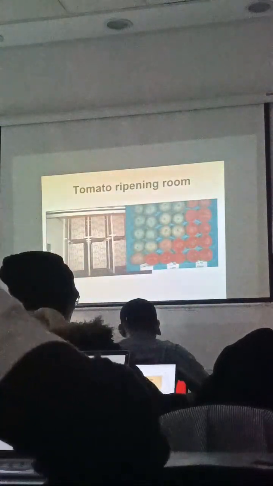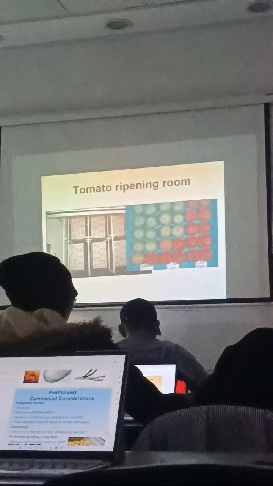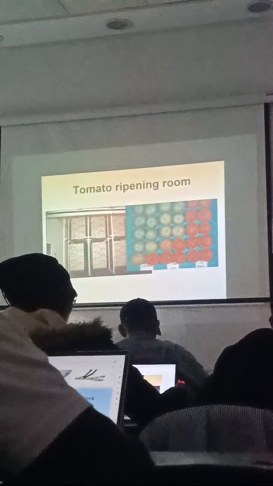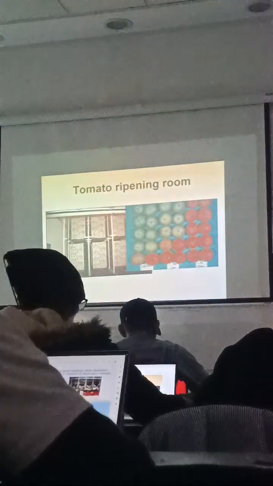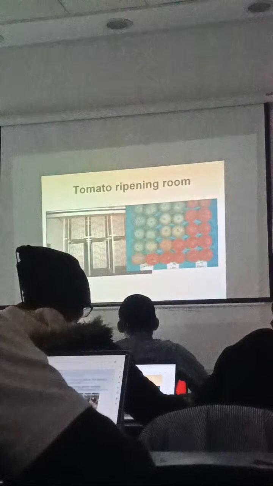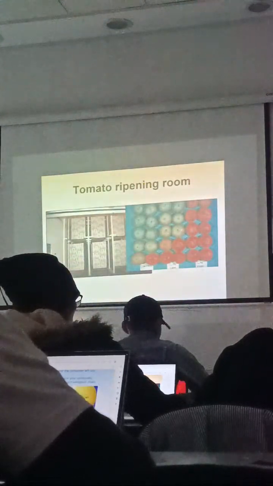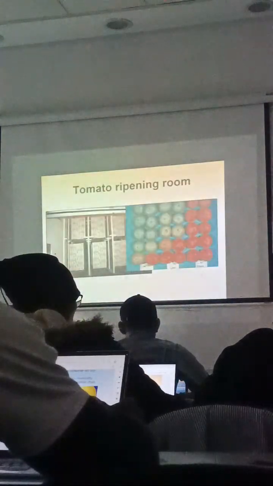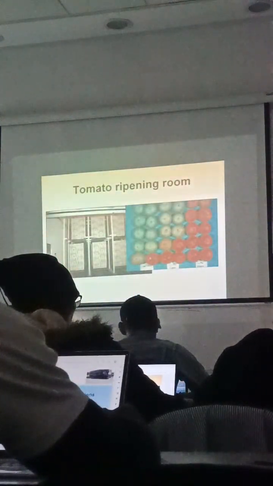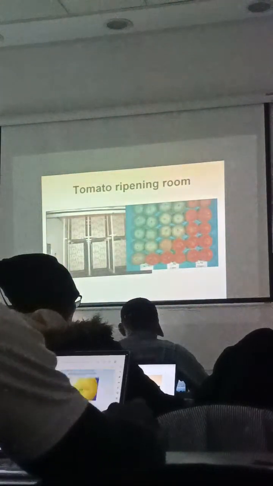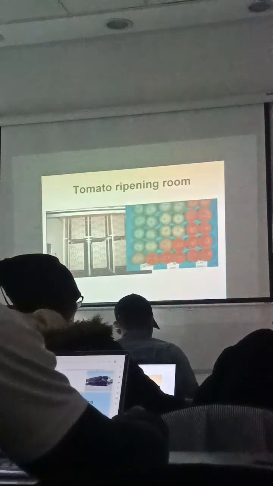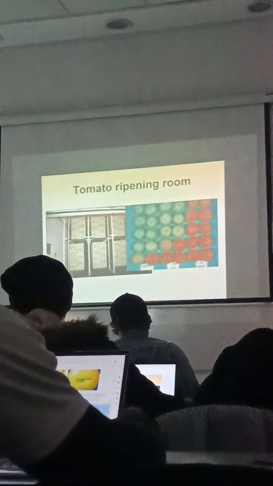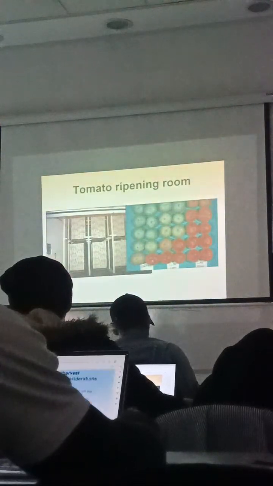But look at something interesting. How we can control how quickly the banana and the tomato will be ready. If we give only 1 ppm, this is the control, this is 1 ppm, this is 10 ppm. You can see in the control what we have: 1, 2, 3, 4, 5, 6, 7 green, 1 pink, breaker, 1 red.